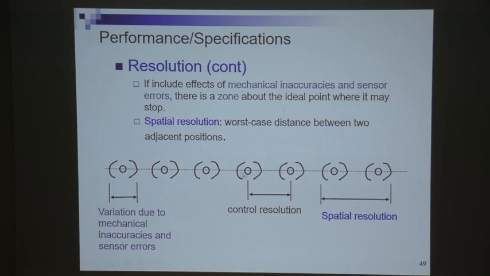This is defined as a zone. Then from this end to this end, you have the spatial resolution. So this is the control resolution, and this is the spatial resolution. For every robot manipulator, you have to know their resolutions. The resolution itself will define the quality of your robot manipulator.